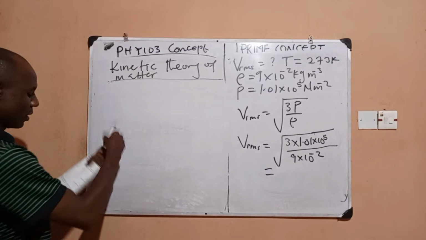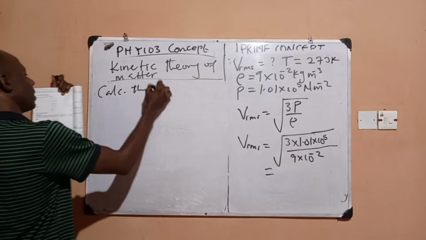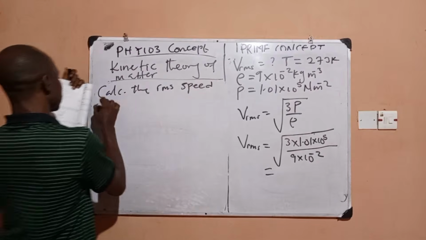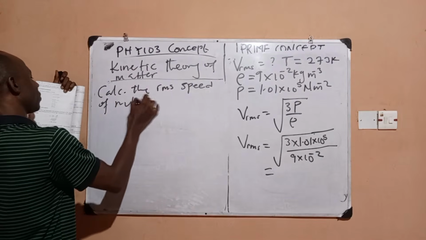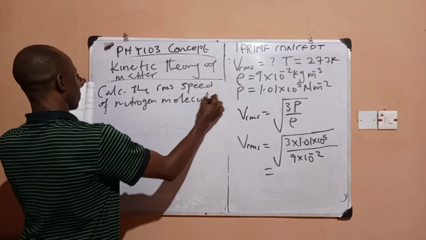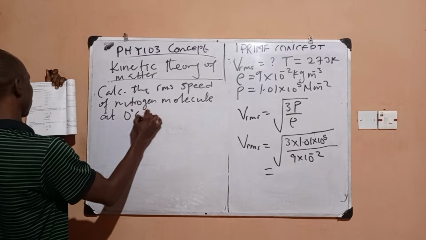So you have this. Calculate the RMS speed of nitrogen molecule at 0 degrees Celsius.